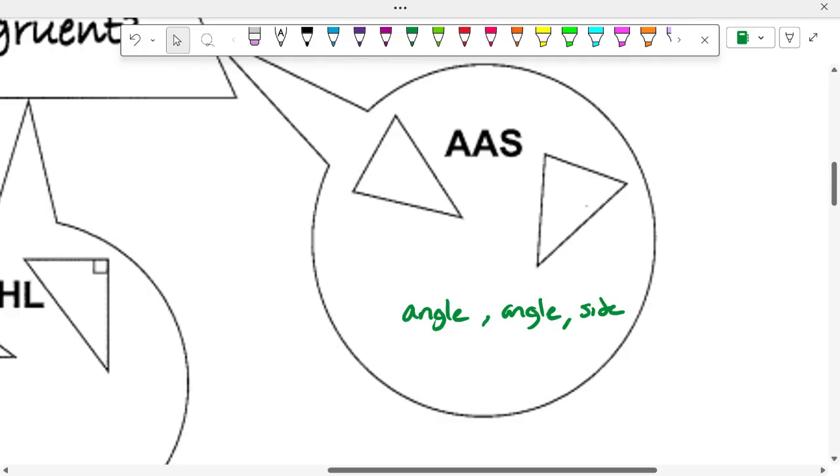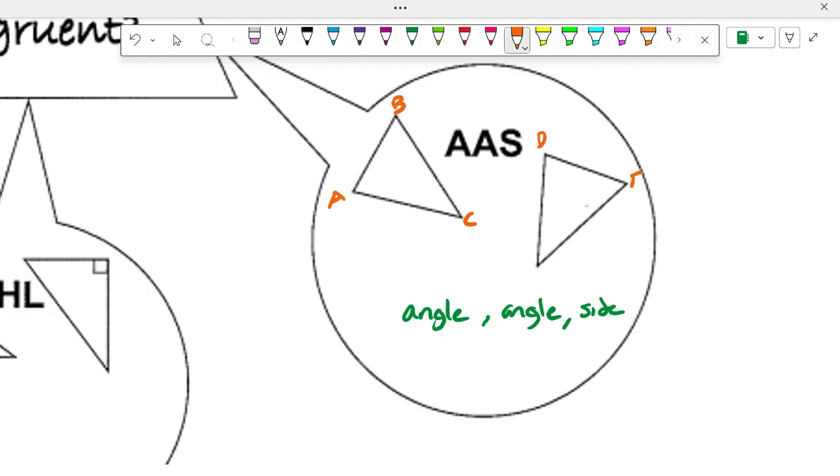All right. So again, ABC and DEF. Now, angle, angle, side, let's say A and D were congruent, and then C and F were congruent.